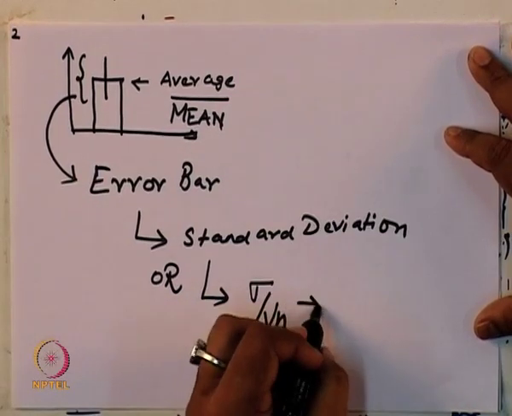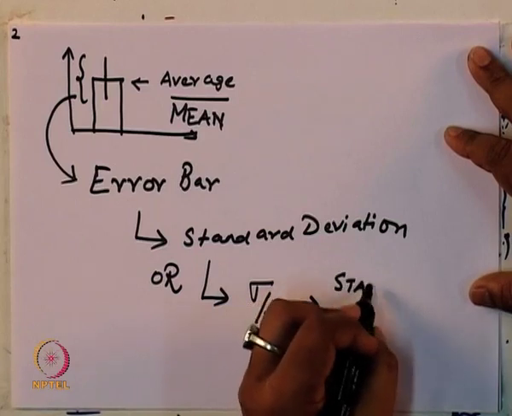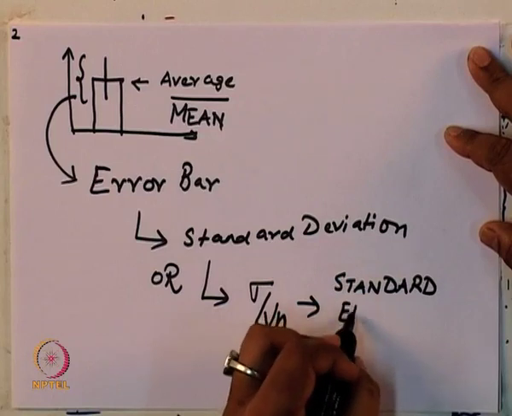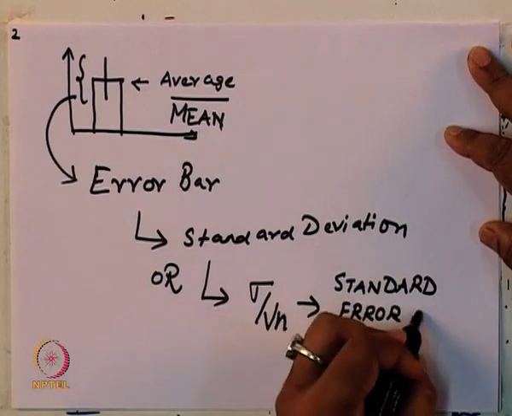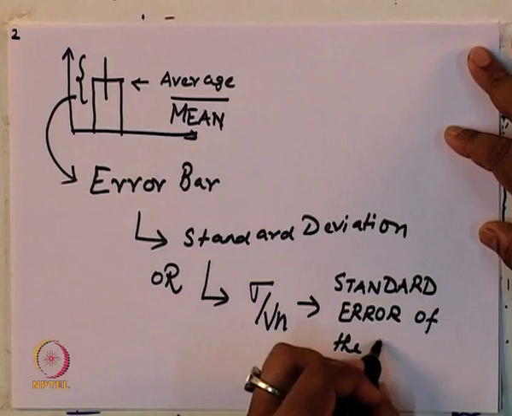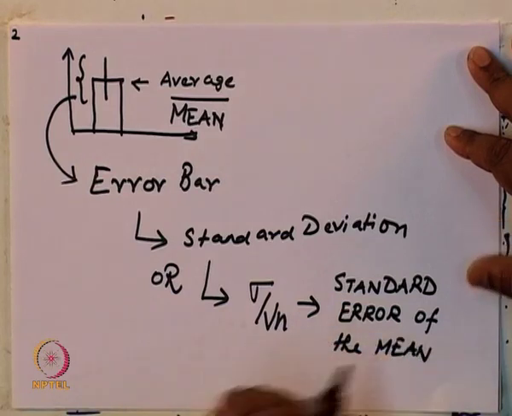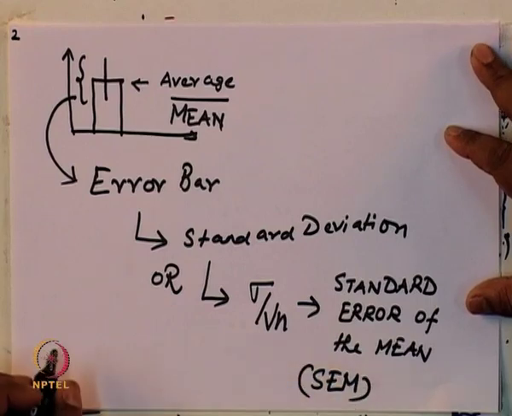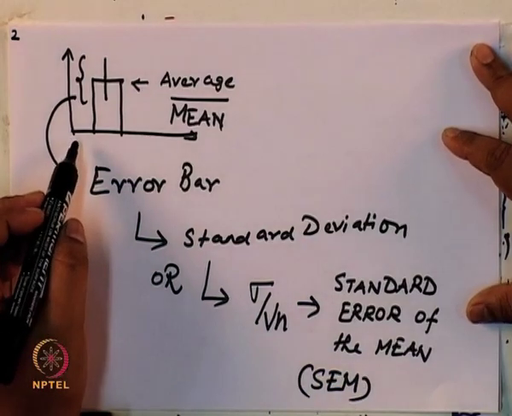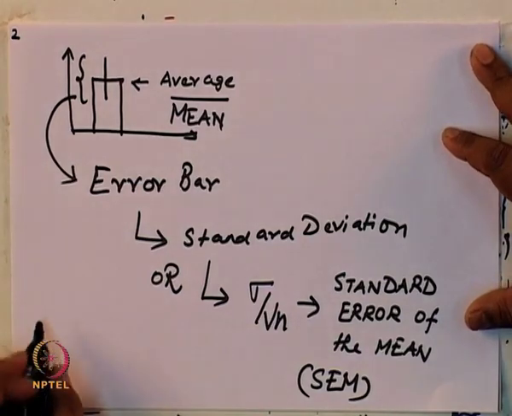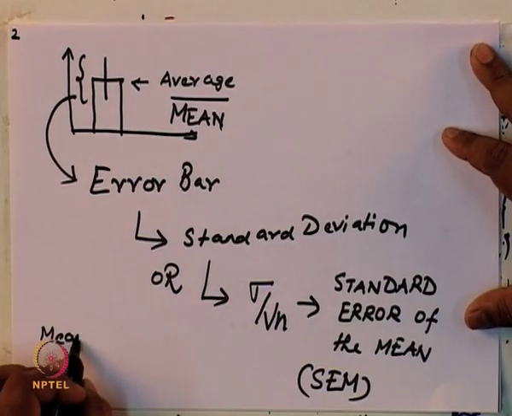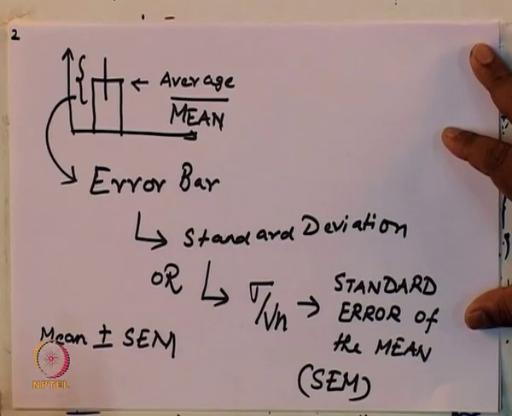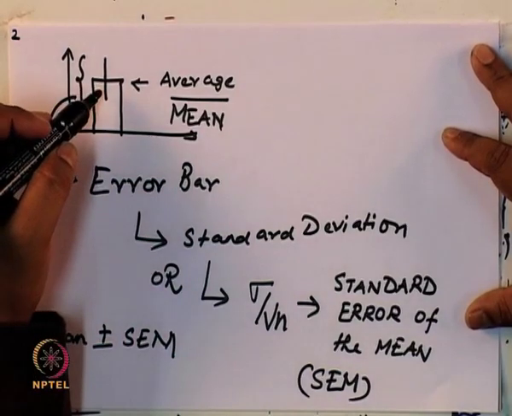This is also called the standard error of the mean, or in short it is referred to as SEM. So, in papers or in research articles you will see data presented as mean plus minus SEM.